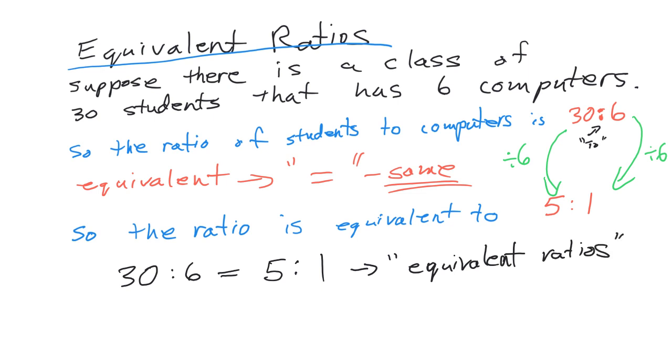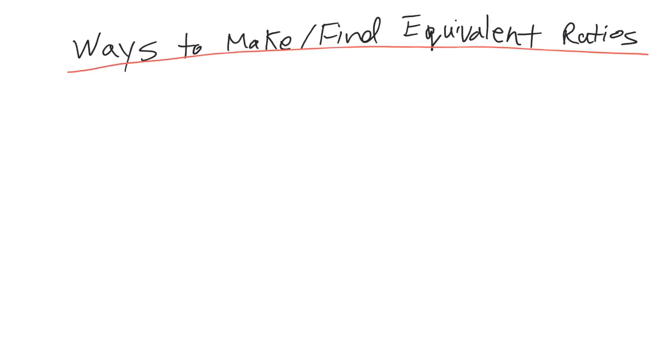So let's go over how to come up with equivalent ratios. So here are ways to come up with equivalent ratios. There is one where we can multiply to find a new equivalent ratio.